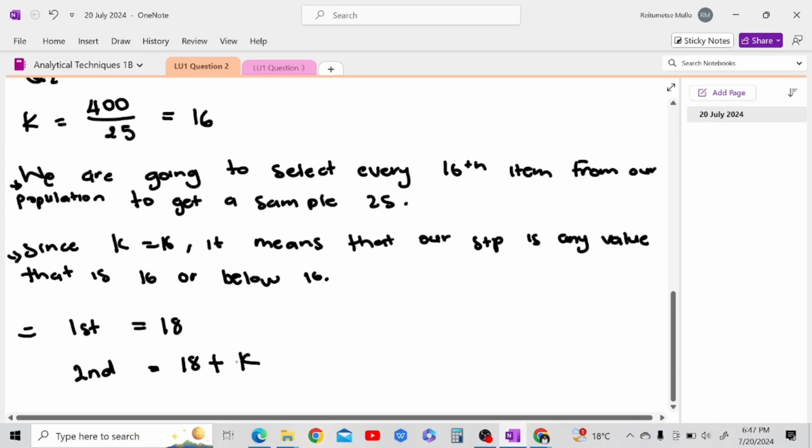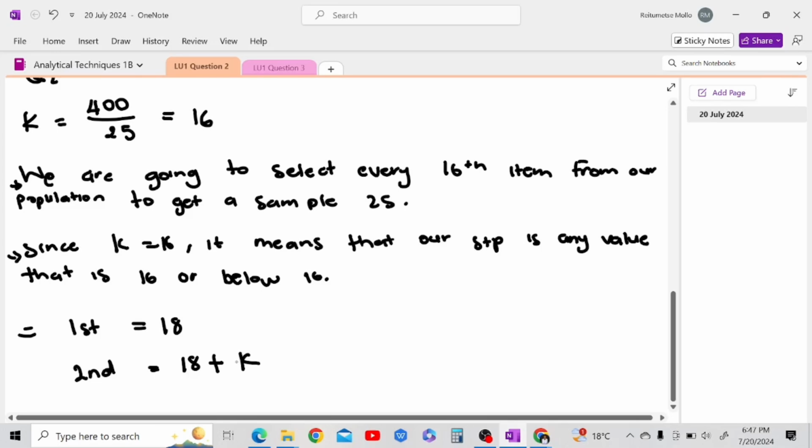So it's the second step plus k, meaning the fourth item selected is going to be 18 plus k and k, so we can just say 2k plus k. Can you please find out for me what is the second item? It's going to be 18 plus 16.